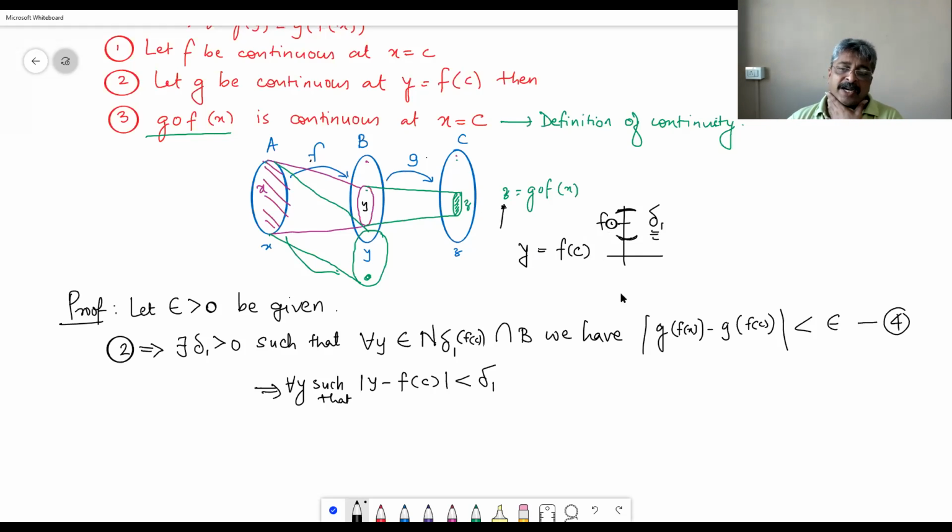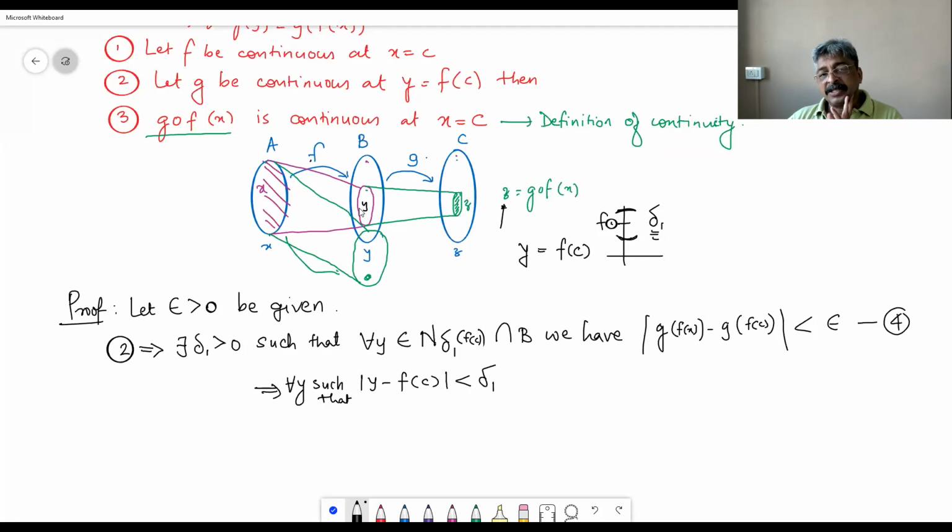Just try to understand. This is saying that if you want to remain in the epsilon neighborhood of z, you should be in the delta 1 neighborhood of y. Now, if we want to go back and look at f, that means if we want to be in the delta 1 neighborhood of y, we need to be in a delta 2 neighborhood of x.